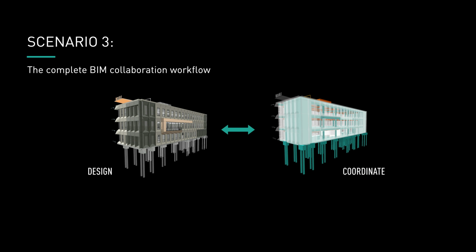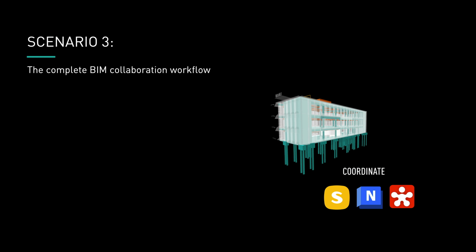The process for model coordination is often called clash detection or model checking. For this process, you or someone on your team will use a specialized software, perhaps Navisworks or Solibri. But there are plenty of other tools available for this as well. Ideally, this would be laid out in a BEP.